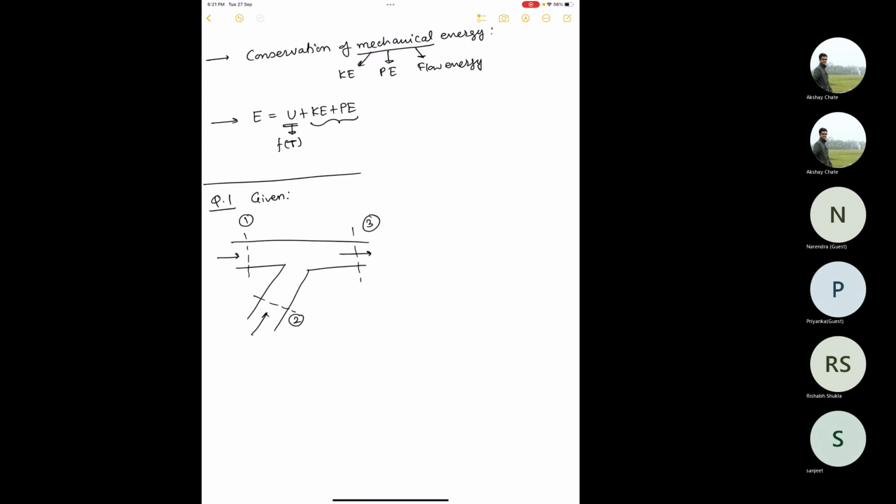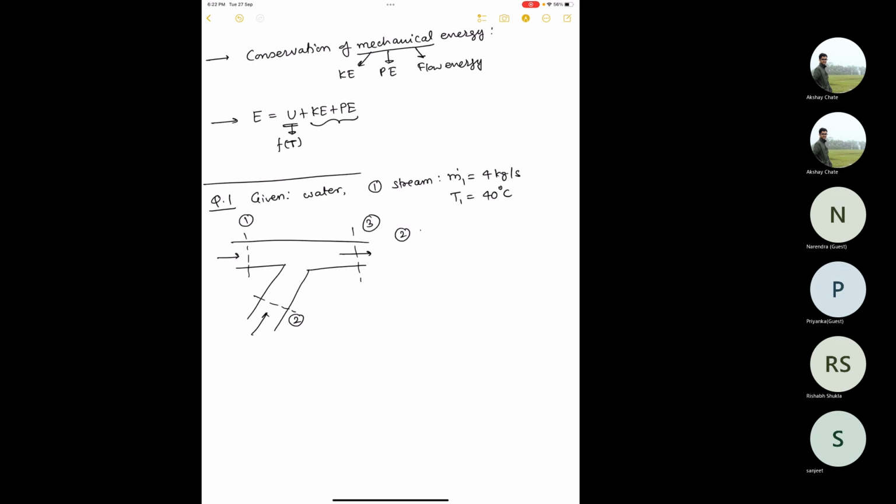So this is water. The first stream has mass flow rate m dot 1 as 4 kg per second, and the temperature of that flow stream is 40 degrees Celsius.